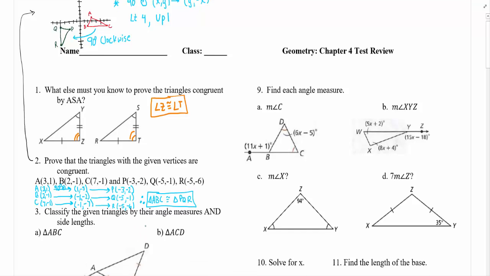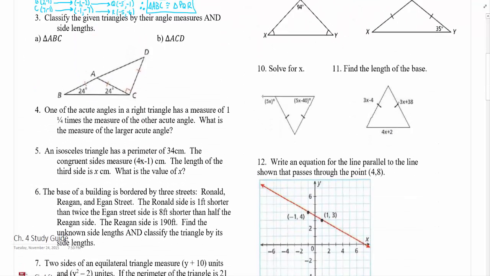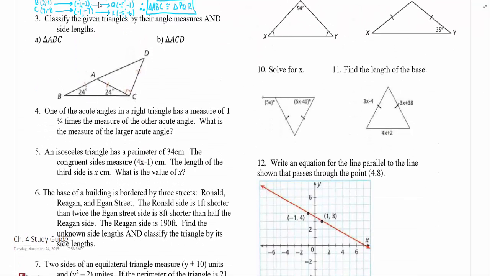Let's move on down here, down the line. And number 3, classify the given triangles by their angle measures and side lengths. So I'm going to look at triangle ABC. So I'm going to go by side lengths first, and then I'll do angles. And again, what we're trying to figure out with the side lengths is is it scalene, equilateral, or isosceles.